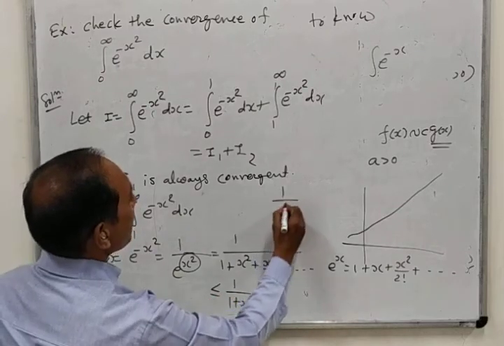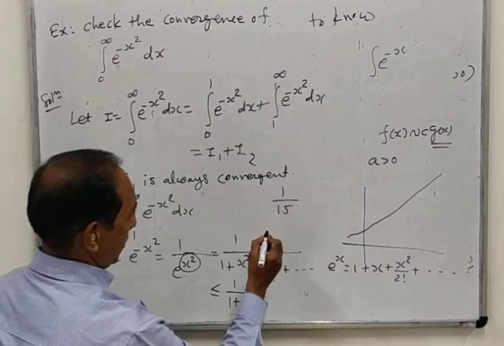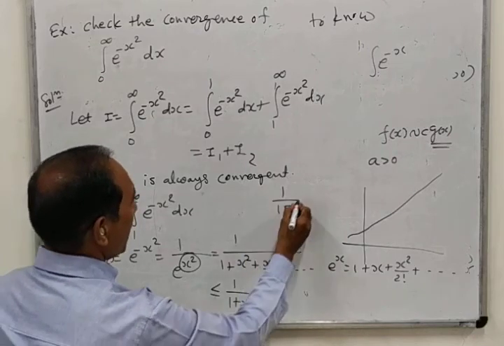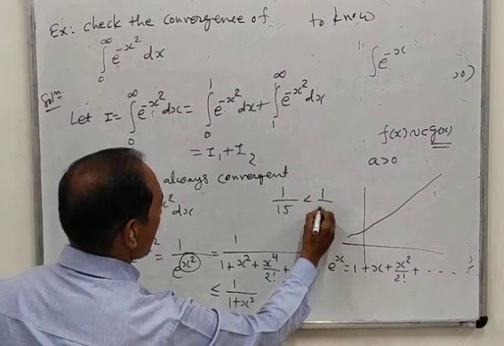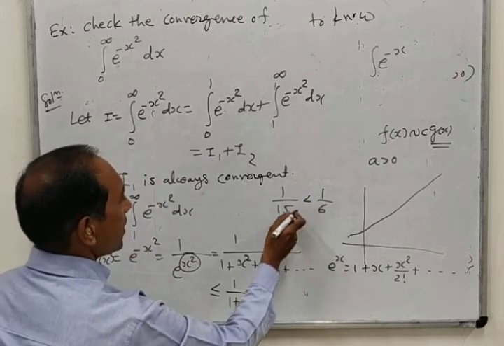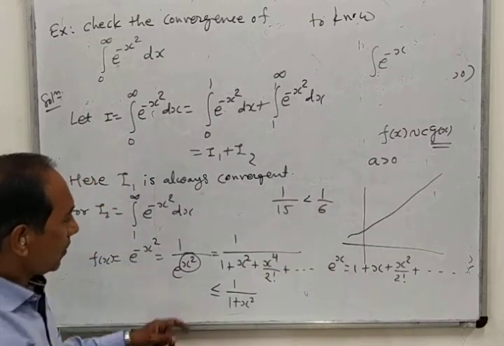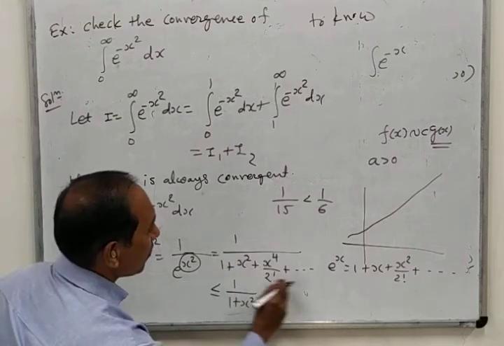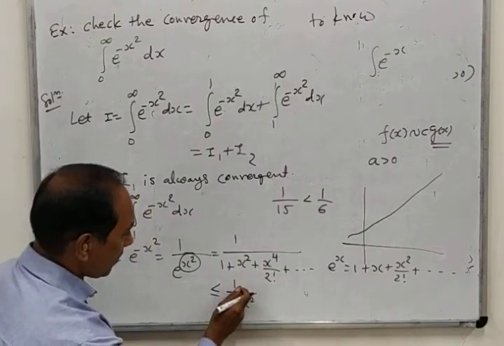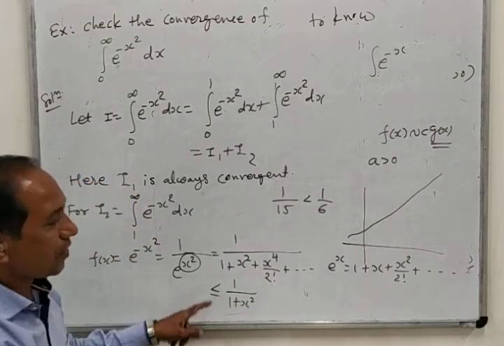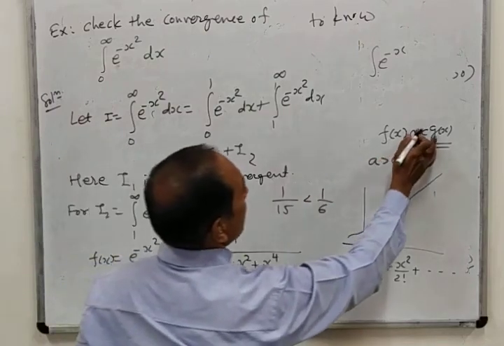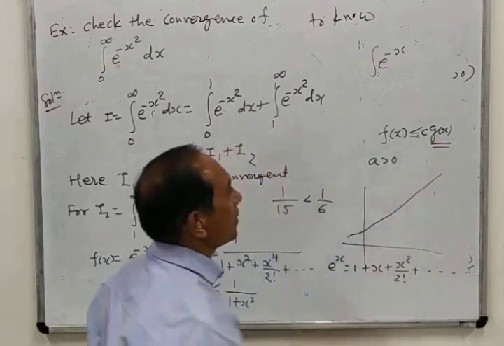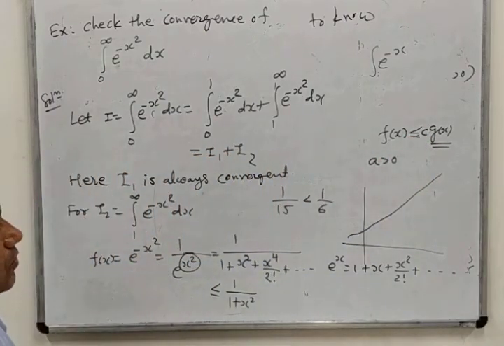Because if we divide 1 by a larger number instead of a smaller number, the result is less than or equal to. So this condition can also be applied in this form: f of x less than or equal to c into g of x.